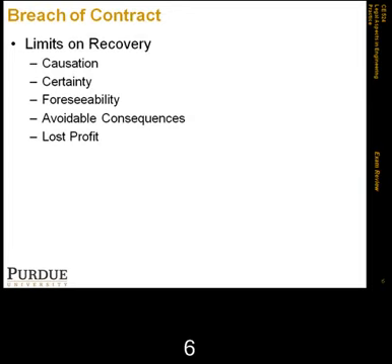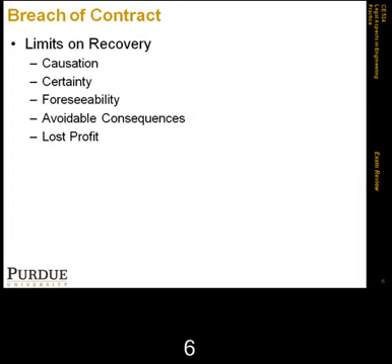Some of the hurdles that you see in recovering lost profit are, first, if you've lost, for example, a contract that would have gotten you some profit, you have to show that this loss is due to the other party's breach or for some other reason. How certain were the profits?